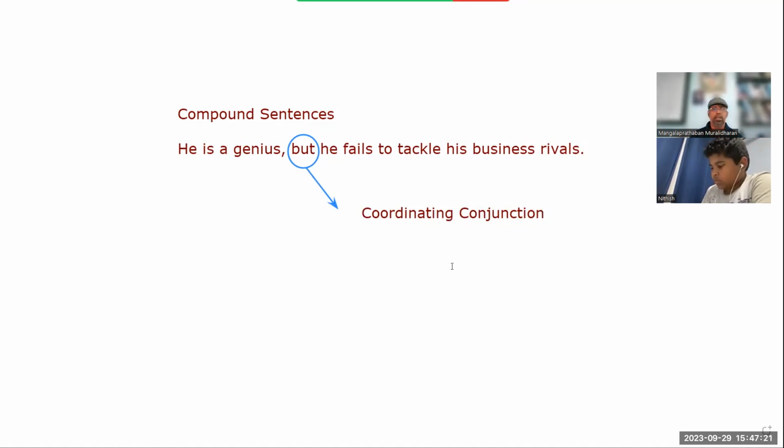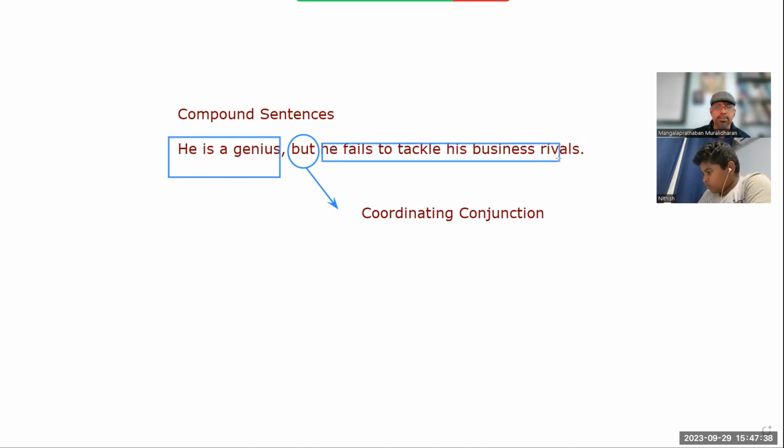Look at this. There are two clauses here. Both are independent clauses. What are those independent clauses? This one, he is a genius. And then this one, he fails to tackle his business rival. So look at this very carefully.